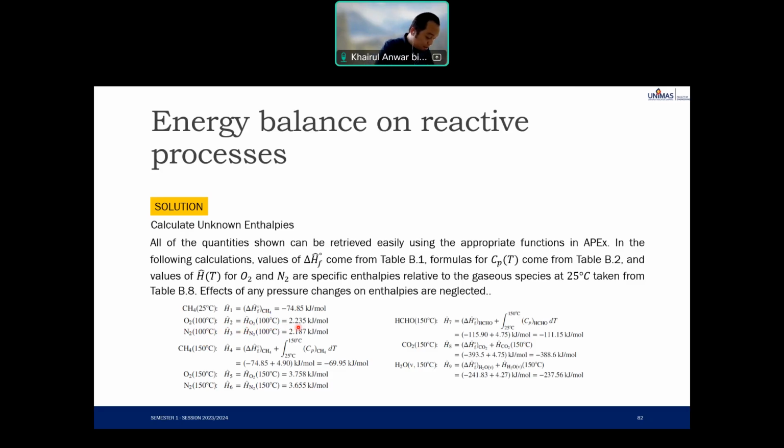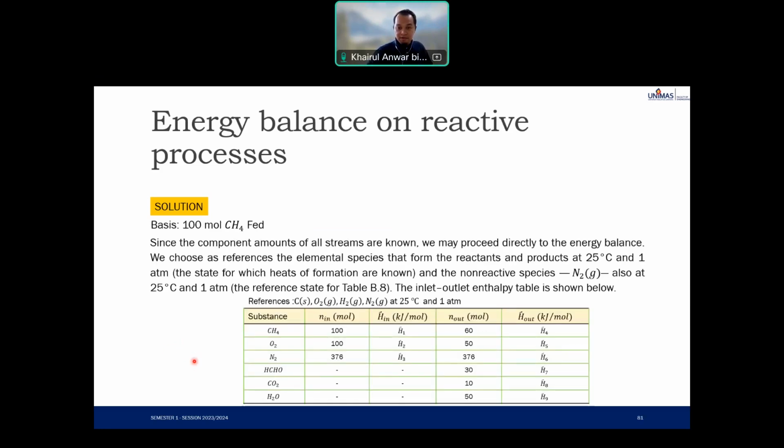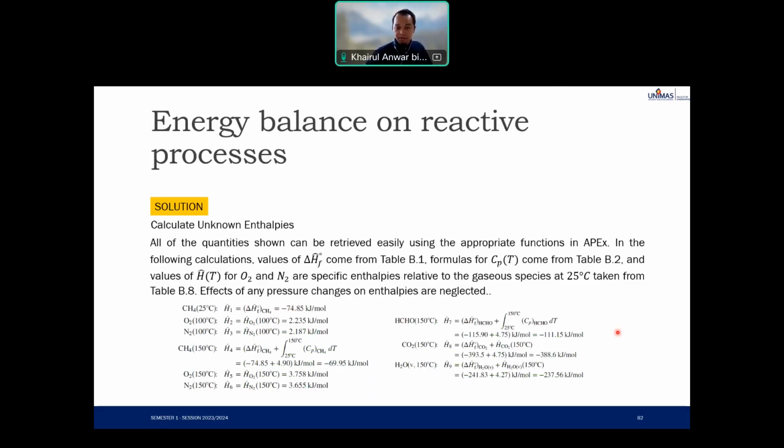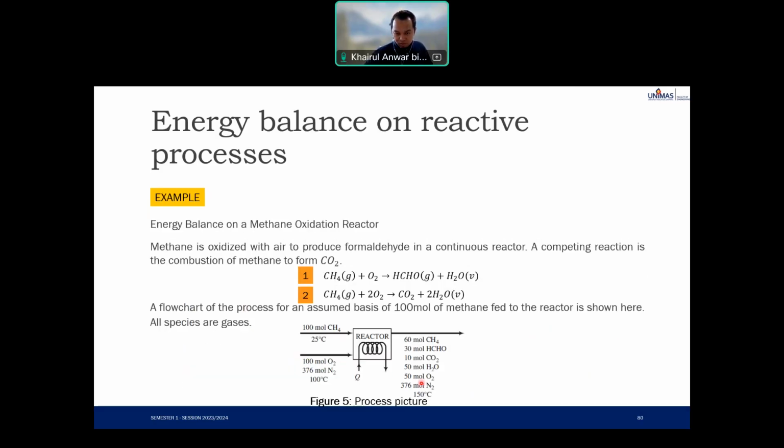So at 100 degrees C, oxygen is 2.24, 2.235. For nitrogen at 100 degrees C, 2.19. For methane again, the outlet temperature is 150 degrees C.